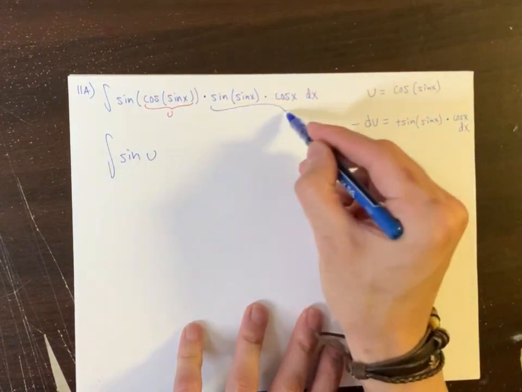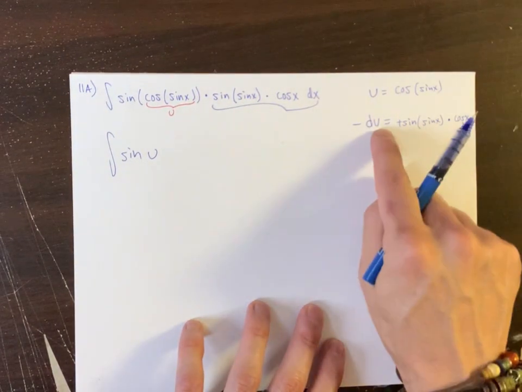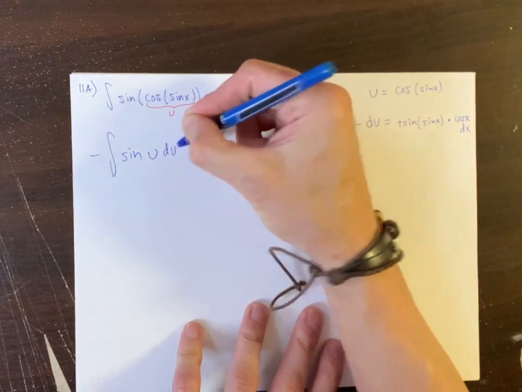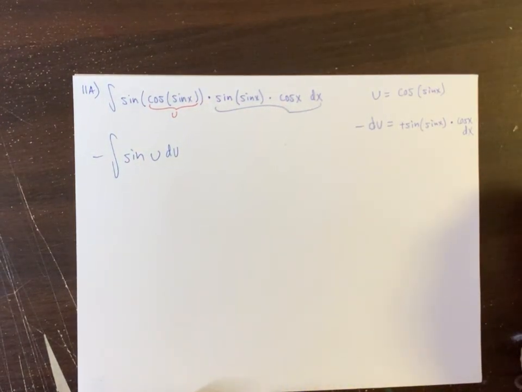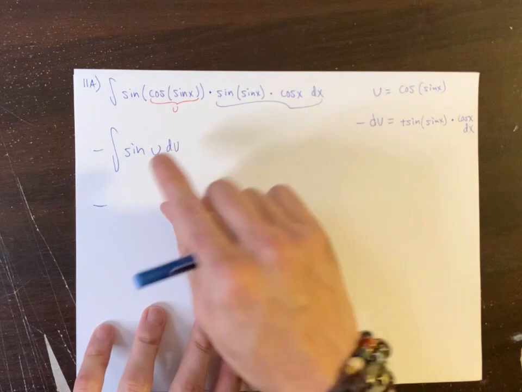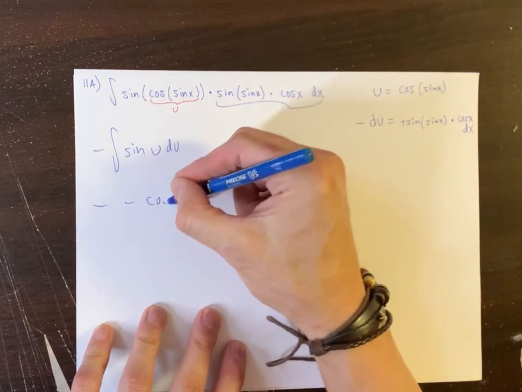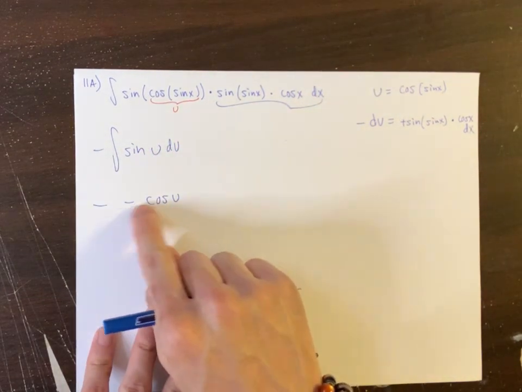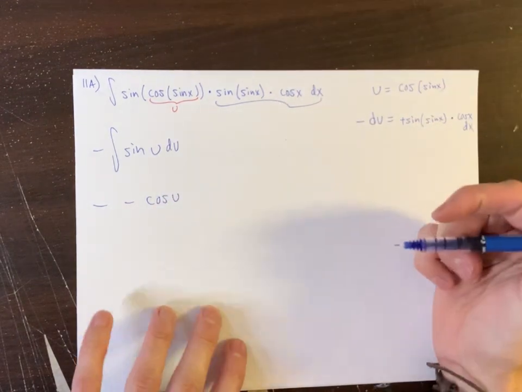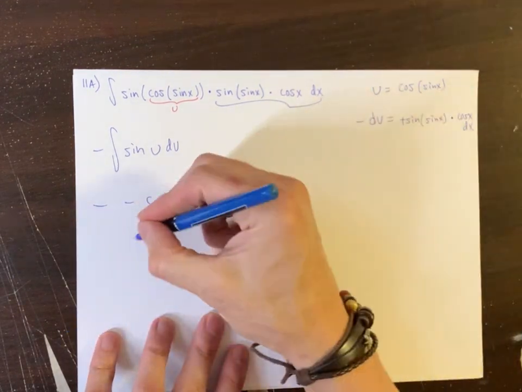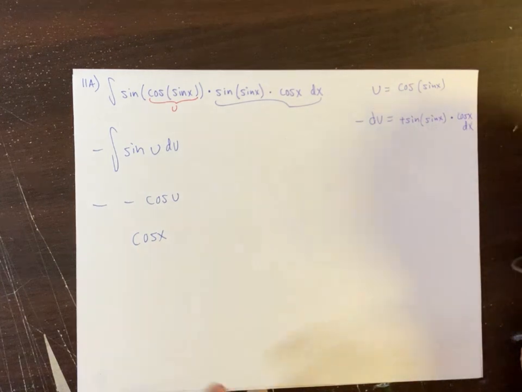And then all these pieces, that's a du, but just put the negative in the front. Now keep the negative in the front. The antiderivative of sine is actually negative cosine, right? Because the derivative of negative cosine is positive sine. And the double negatives happen to just conveniently go away.